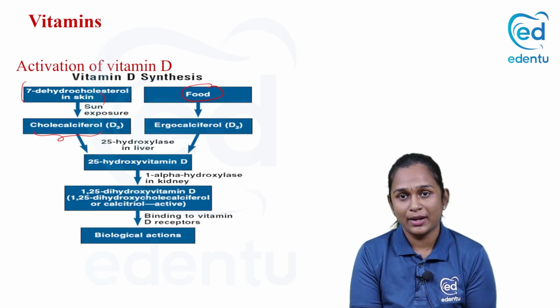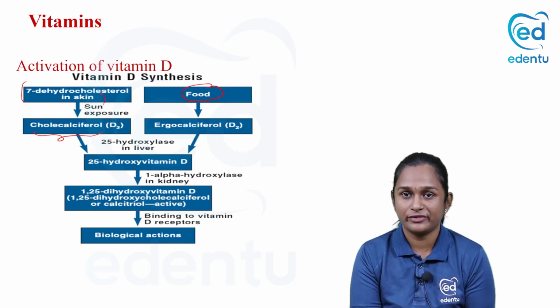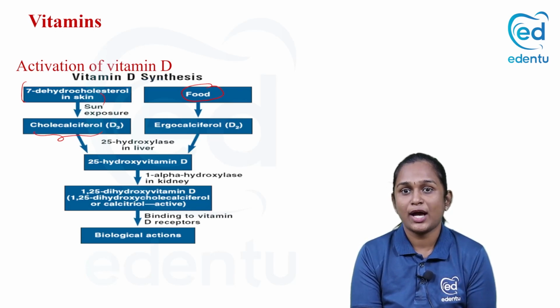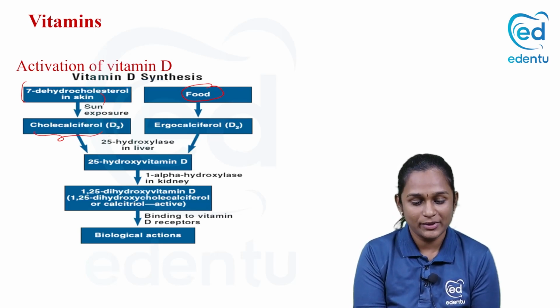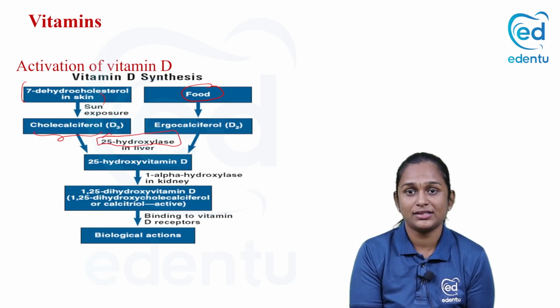So activation happens in two steps and in two different organs. The first activation happens in the liver. Here the enzyme 25-hydroxylase, as the name indicates, adds a hydroxyl group.